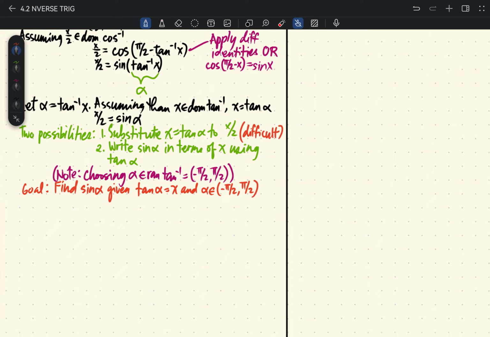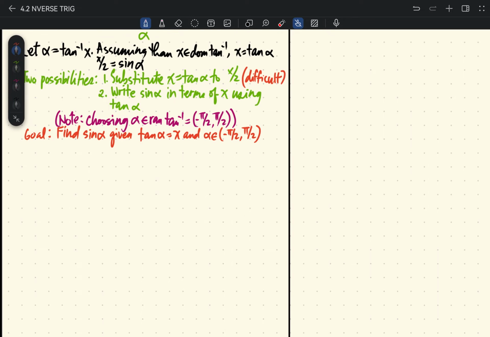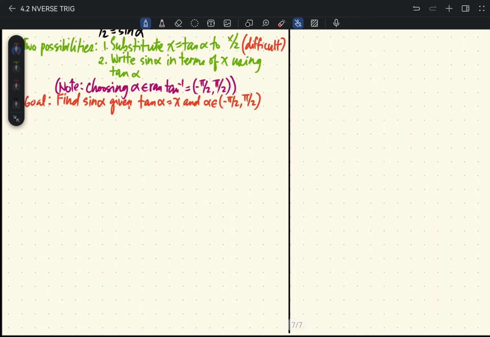Let's try and visualize our current goal. So if you have the interval negative pi over 2 to pi over 2, that just means that we're looking at quadrants 1 and 4. And if you're in quadrants 1 and 4, right now it's a little bit problematic to determine sine.